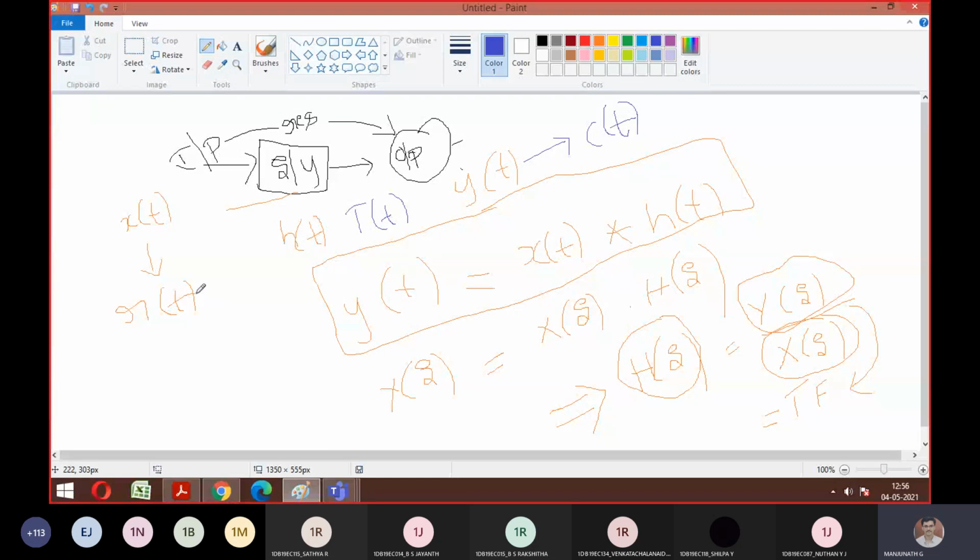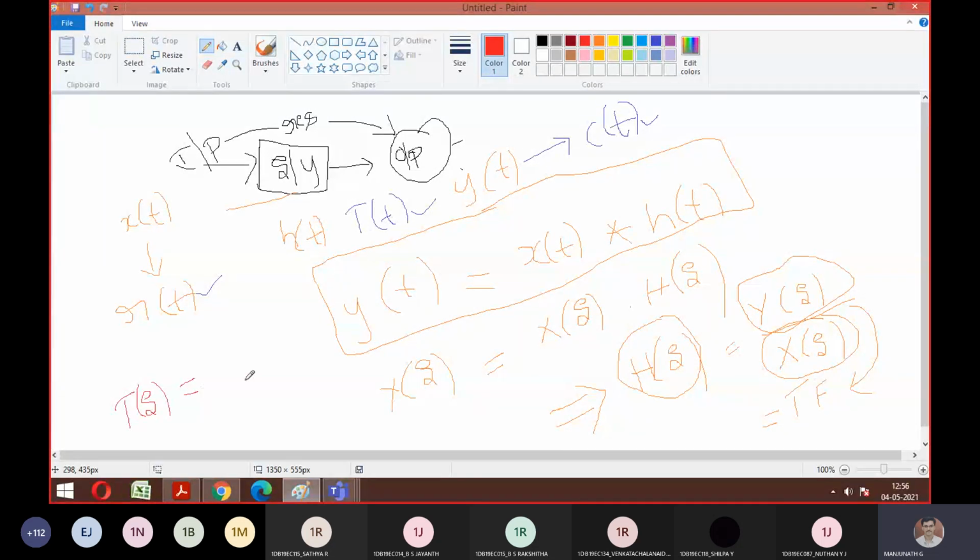Now if I replace this in this formula, can you tell me what is the formula? What is h of s? H of s is replaced with T of s. Agree? Okay. So T of s is equal to, what is the output now? It's c of t.